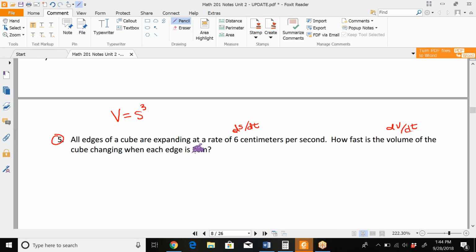And I know that the side lengths were 2 centimeters. So we're going to take this derivative implicitly with respect to time. So derivative of V is just a 1, but because that's not a t, we have to tack on dV dt. Derivative of s cubed would be 3s squared, but we have to tack on ds dt here because it's not a t as well.